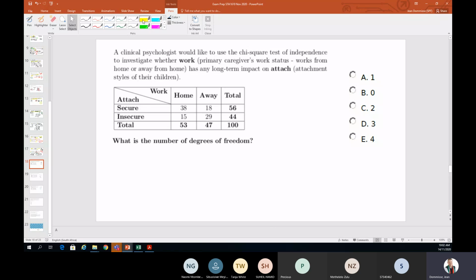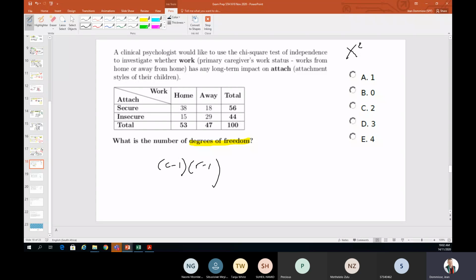Okay, this one's supposed to be simple, degrees of freedom. So we're working with a chi-square, even though they're not telling us it. So chi-square, degrees of freedom, column minus 1, row minus 1.